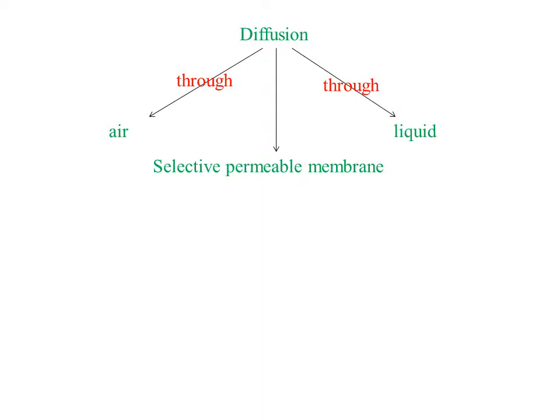The portion that we will discuss in this talk is how molecules move from an area of higher concentration to an area of lower concentration through a semipermeable membrane. This semipermeable membrane is also referred to as the cell membrane. This is the outer barrier of our cells.